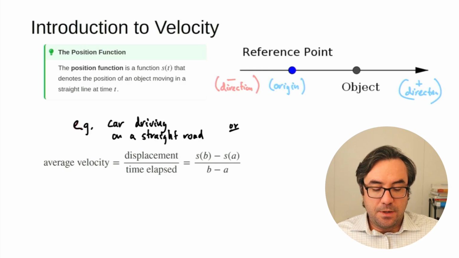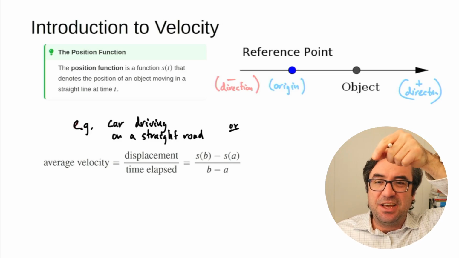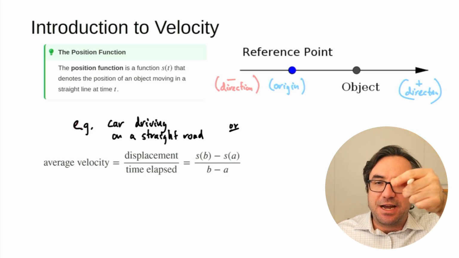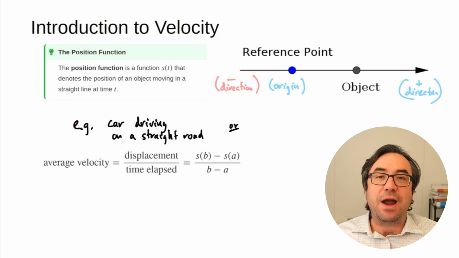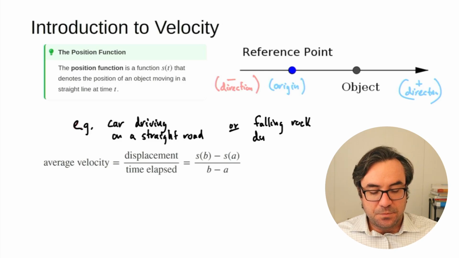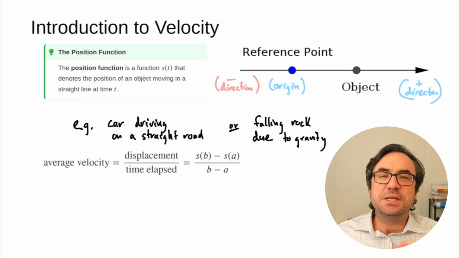Or the other case we're going to consider is standing on a cliff and we drop a rock off of the cliff and we watch the object fall to the ground. So, effects of gravity, that kind of thing, a rock due to gravity. These are really the two examples to keep in mind.